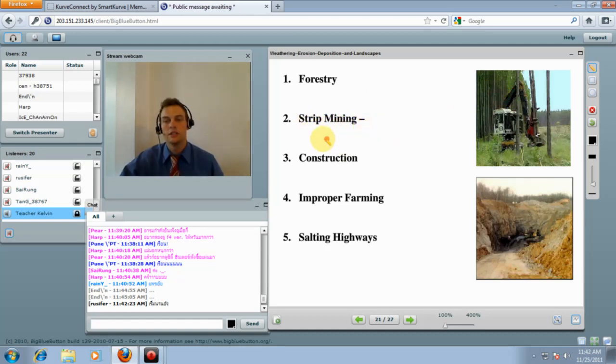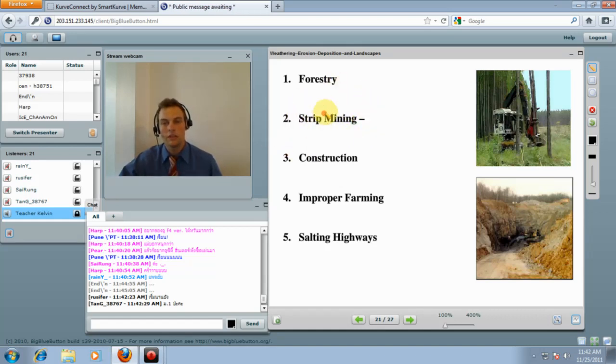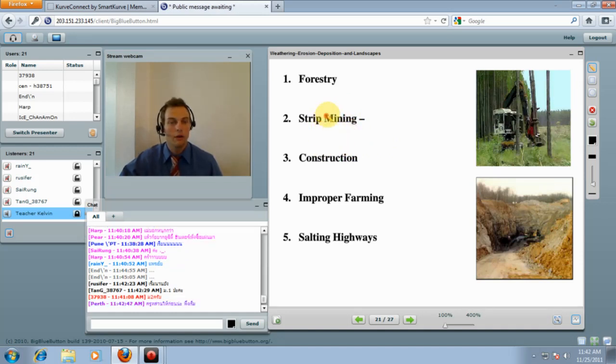Strip mining is basically when you dig gigantic ruts into mountains looking for minerals or gold in order to get lots of money, and there's a big drive to do this because it's much faster than doing mining where you're worried about what you're doing to the land.